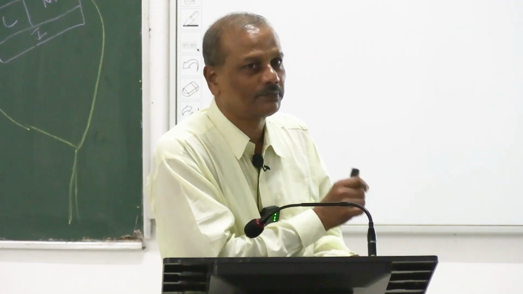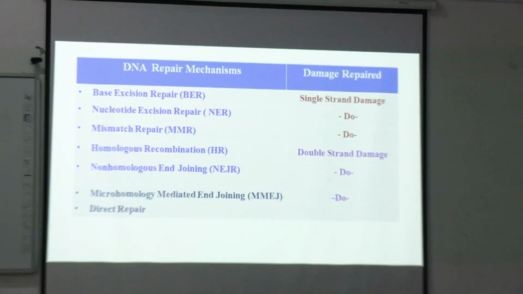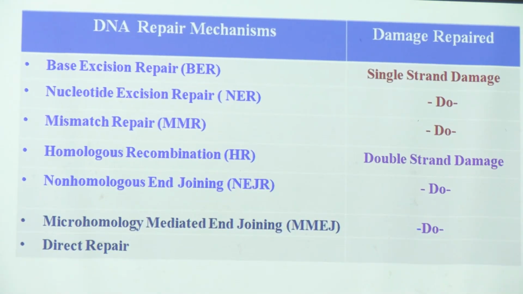Microhomology mediated end joining and direct repair are not that important, because these induce mutation, and direct repair doesn't occur at all in human beings. The first 3 are required for single strand damage and the last 2 are for double strand damage.